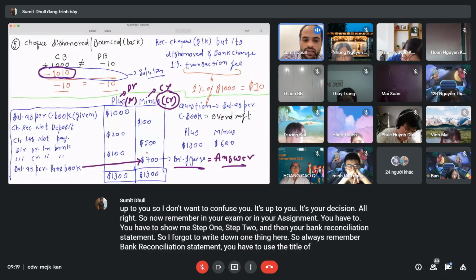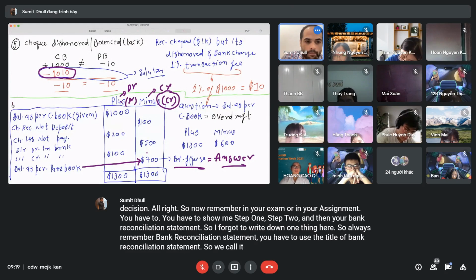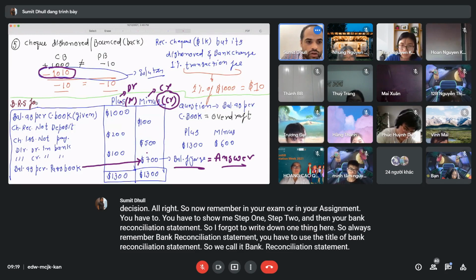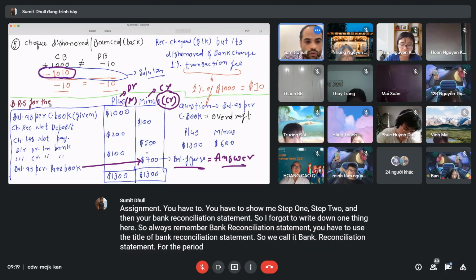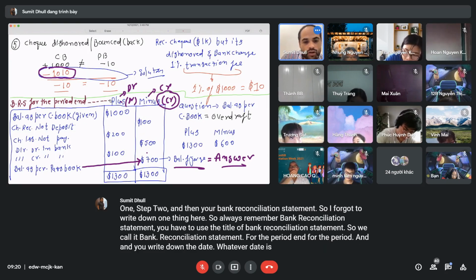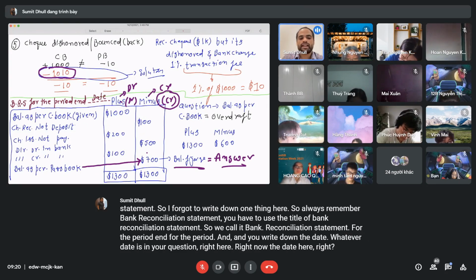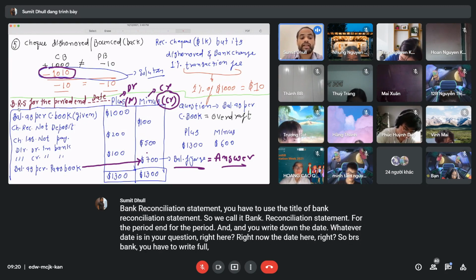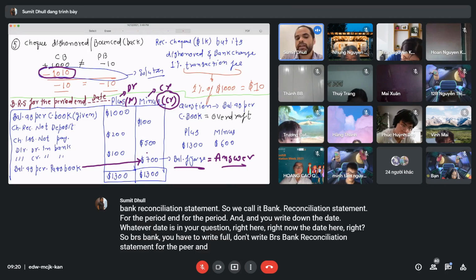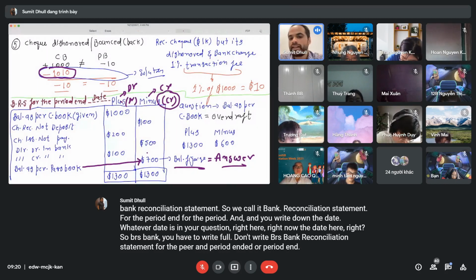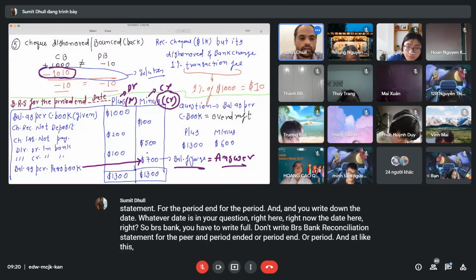We call it bank reconciliation statement for the period end, and you write down the date, whatever date is in your question. Right? So BRS, you have to write in full, don't write BRS. Bank reconciliation statement for the period ended, or period end at, like this. Right.